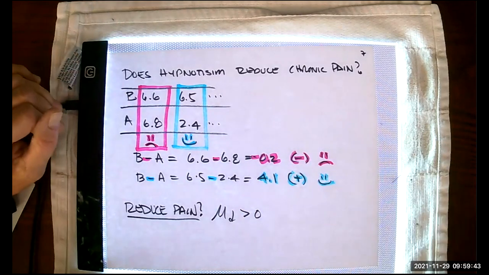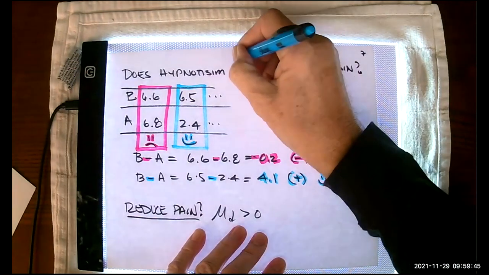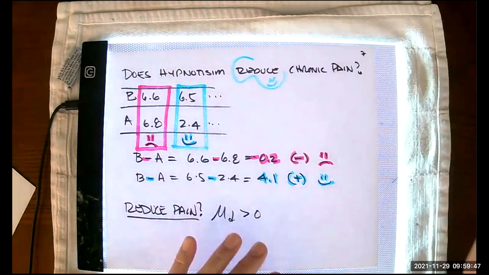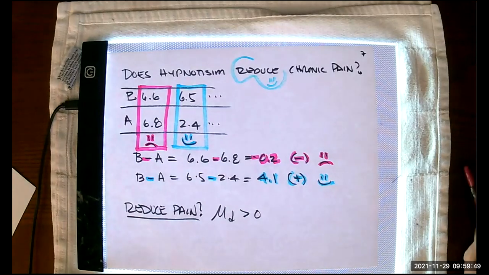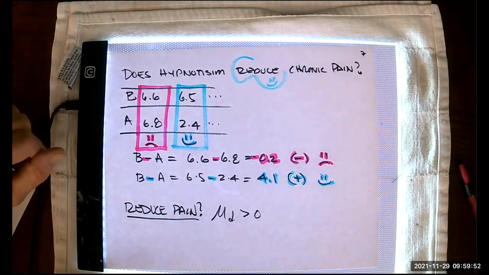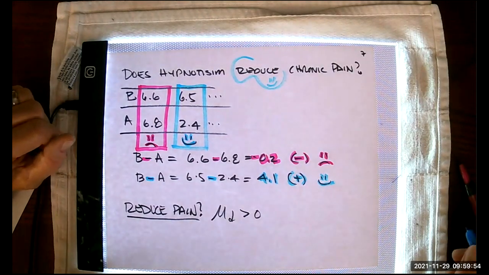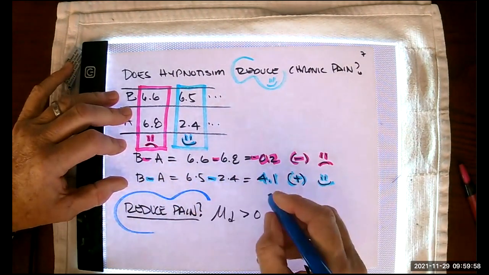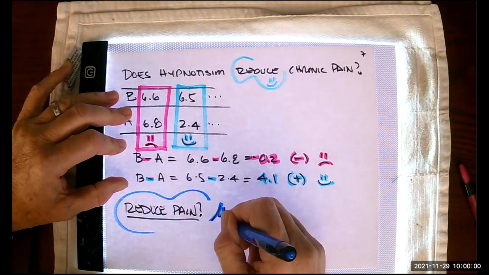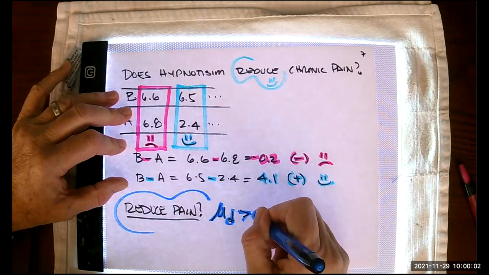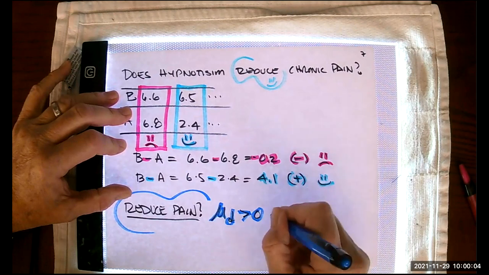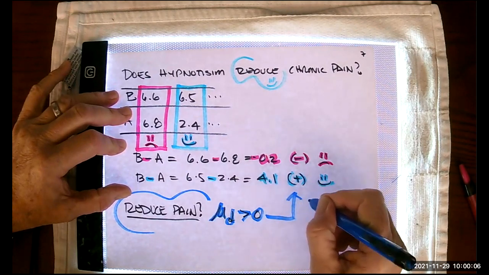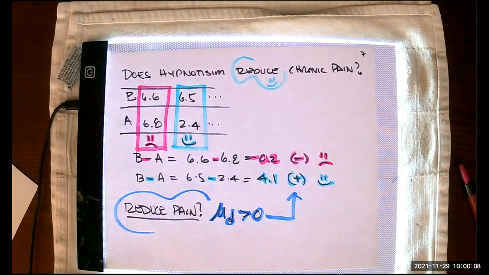Now, this is what we would like to see if we are going to reduce chronic pain. So this is how we lay our hands on the actual claim. The actual claim to reduce pain means we want my mu sub d to be greater than 0, i.e. a positive number. That's what we're looking for.